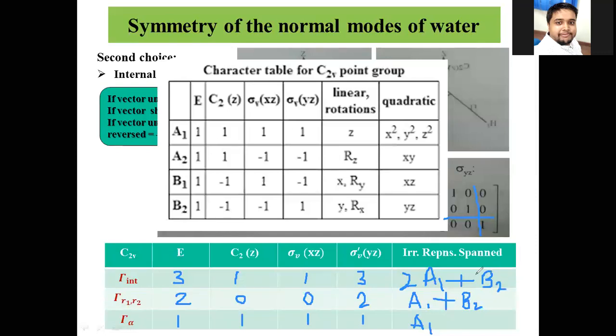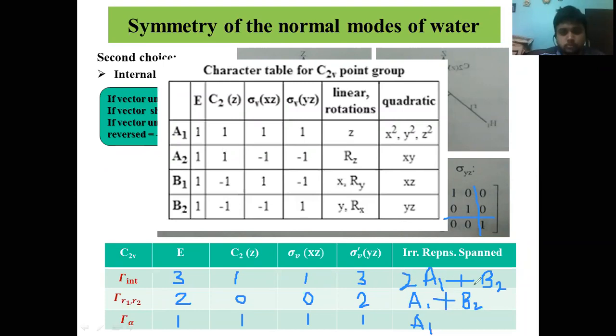Right. So what that means is that if we use the internal coordinates, or the bond coordinates, we get this representation. Here we have to realize that we have used the bond coordinates, so we get only the vibrational representation, or the normal mode representation.